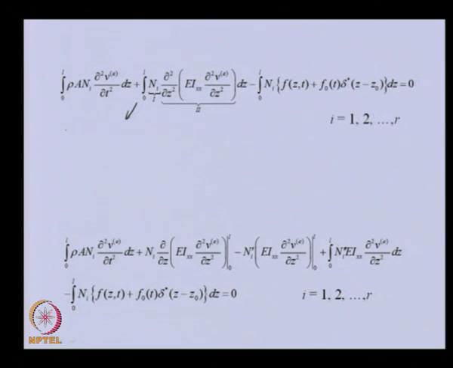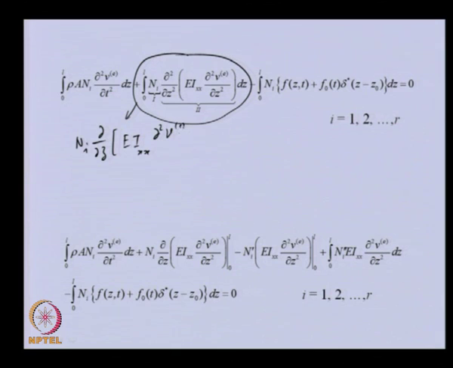If we do the integration by parts of this particular term, this will be the first part, integration of the second part, limit 0 to L, we are doing this over the element length, minus 0 to L, differentiation of this particular first term.